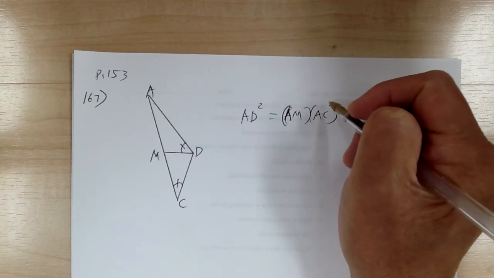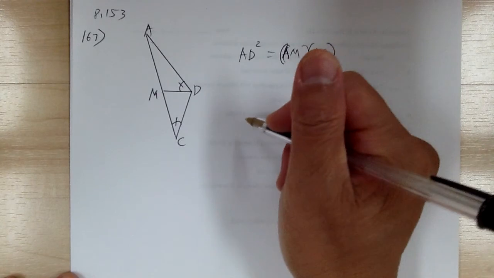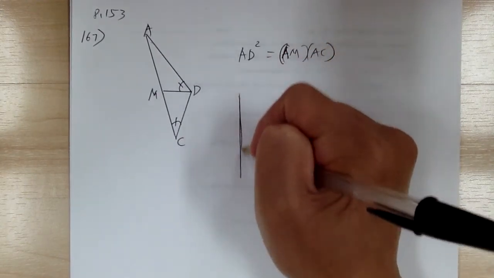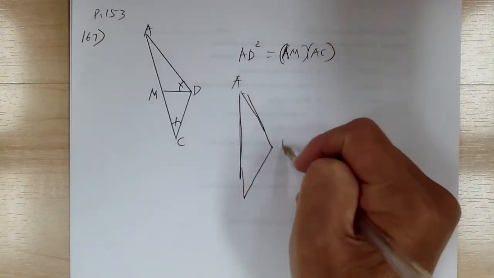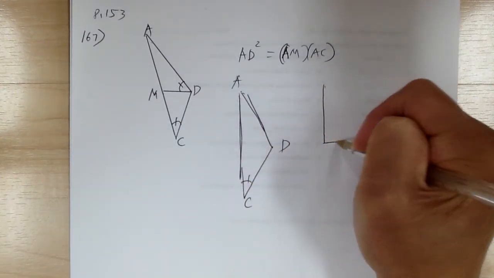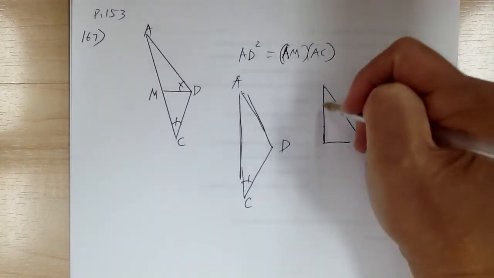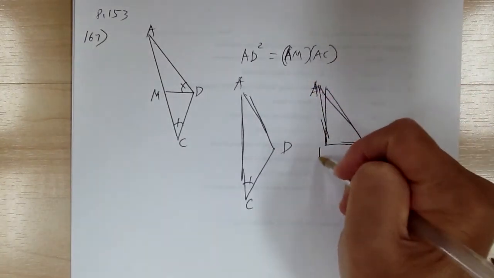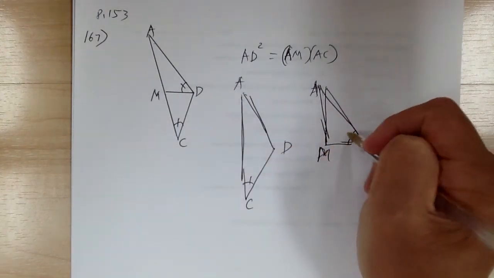So what you want to do first is that sometimes it's kind of harder to visualize, so it probably helps if you separate the two triangles. So you have the ADC, and then you have the ADM.